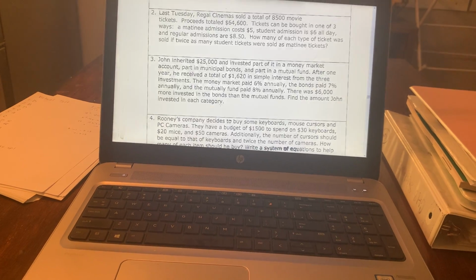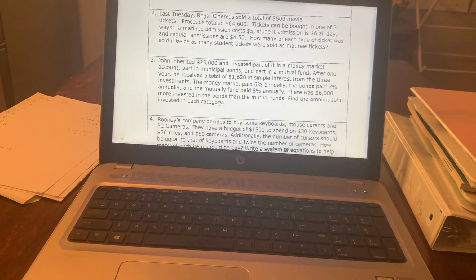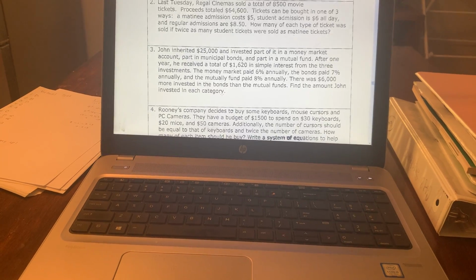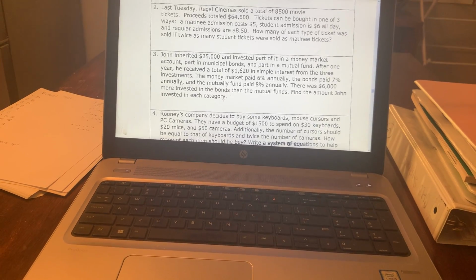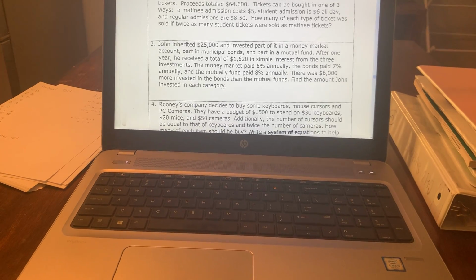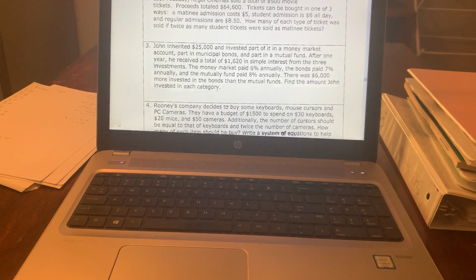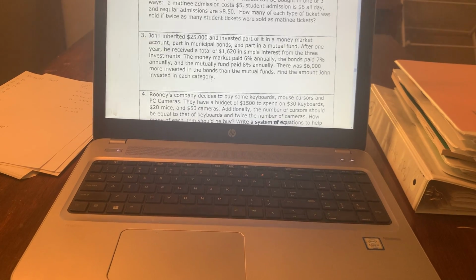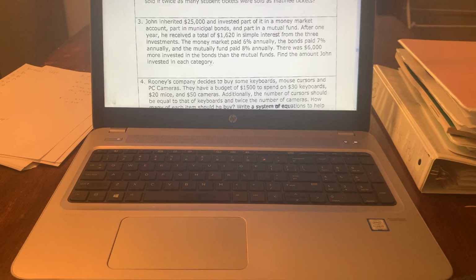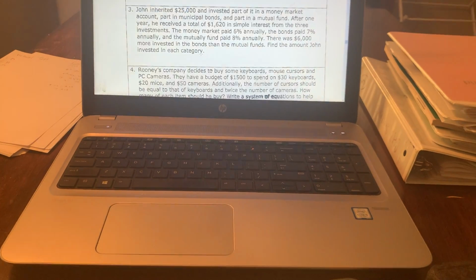The money market was 6%, the bonds were 7%, and 8% was the mutual fund. There was $6,000 invested more into the bonds than the mutual funds. So I have bonds. That means funds plus $6,000 would give you that.